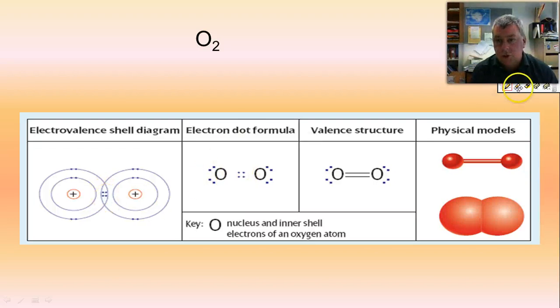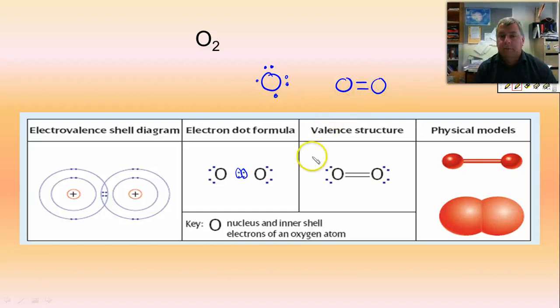If we were just to draw the oxygen Lewis diagram, we'd go 1, 2, 3, 4, 5, 6, and there's our two lone pairs, and that tells us we need two bonds. So that would be one bond, and that would be another bond, and we're representing it here just as two straight lines. So in Tasmania, we'd be happy for you just to draw it like that.